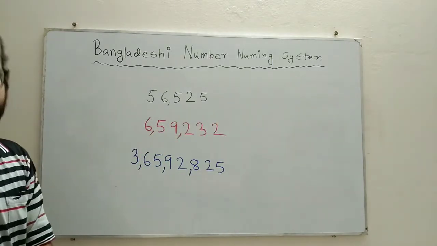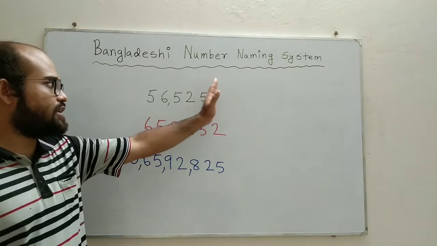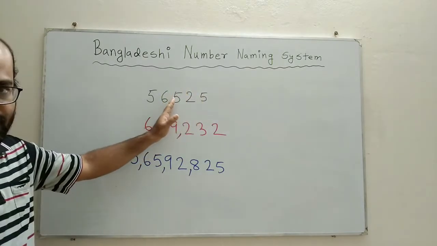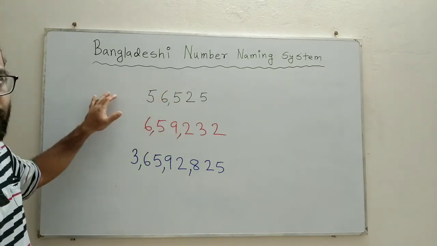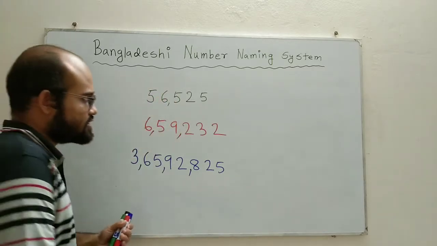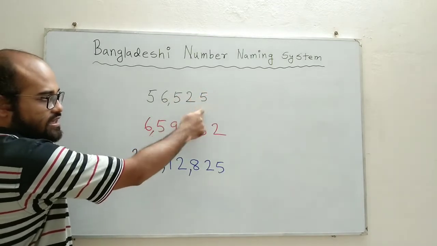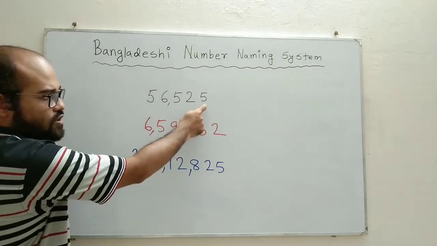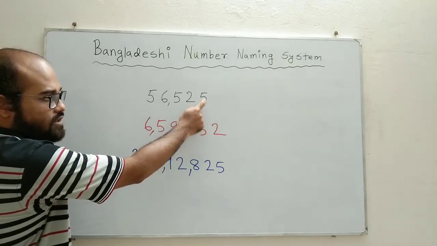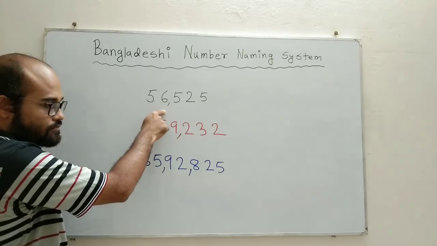According to our country, you have to put a comma after 3 digits starting from the right, and then after every 2 digits. So starting with the first number, what digits do I have? 5 2 5 6 5, starting from the extreme right. So where will I put the first comma? After 5 2 5, I will put the first comma.